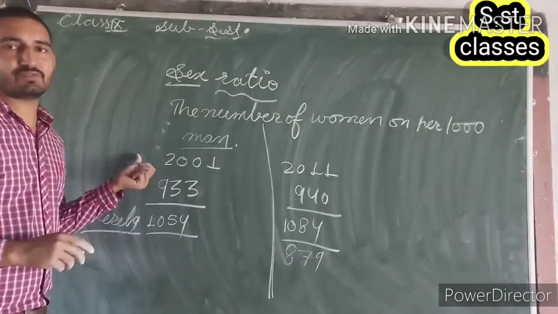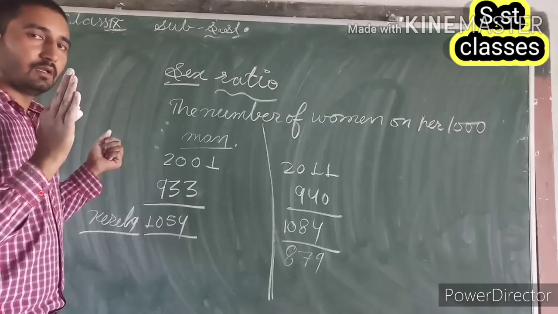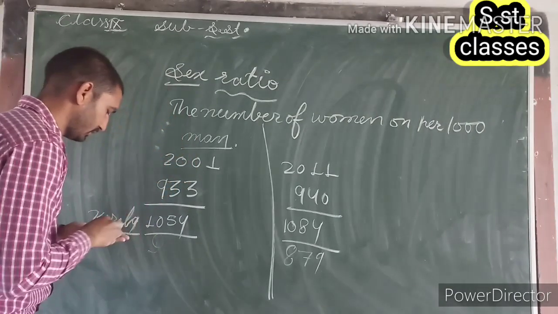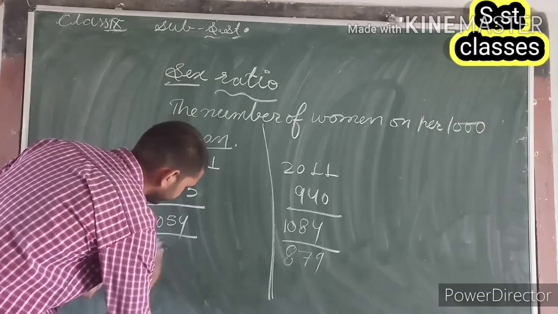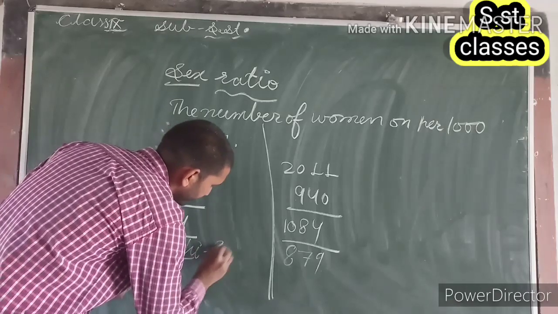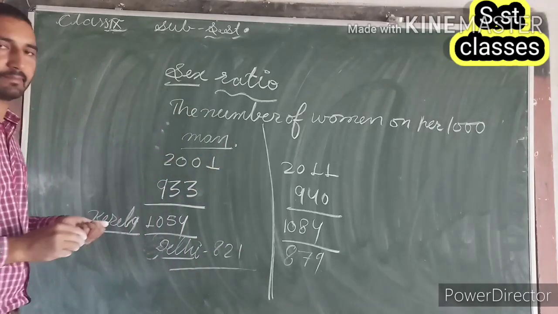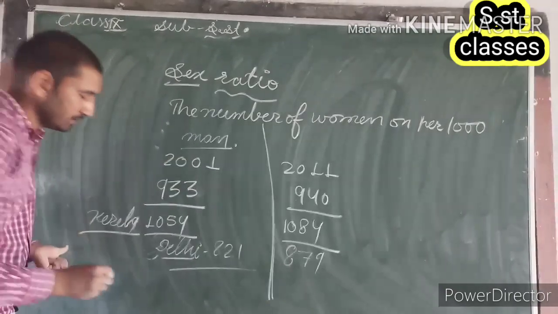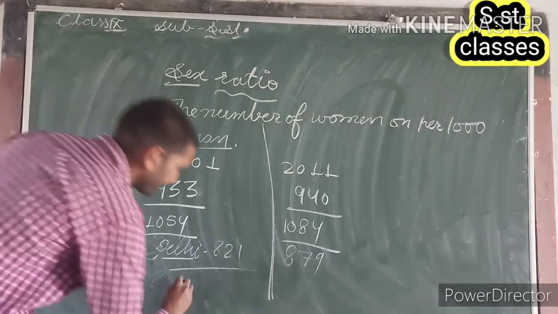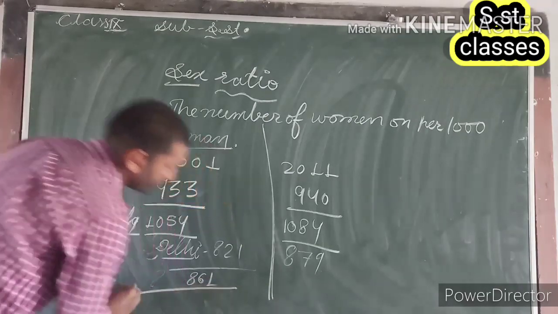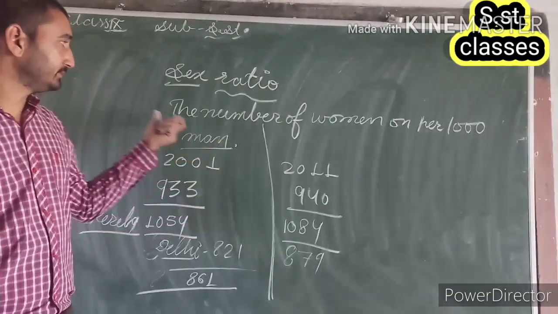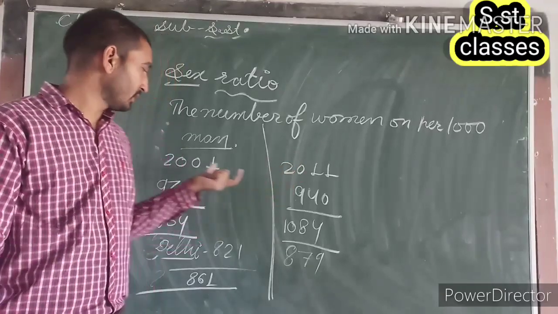If we talk about the census of 2001, then the lowest sex ratio was related with Delhi, which was 821. And if we talk about Haryana, then in 2001 it was 861.